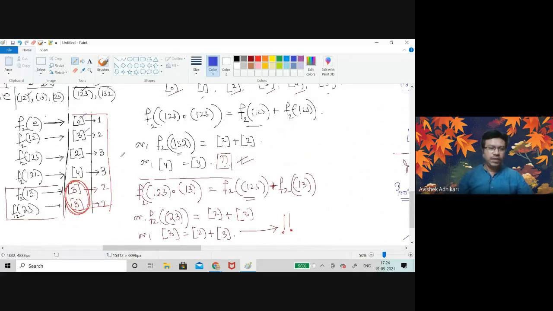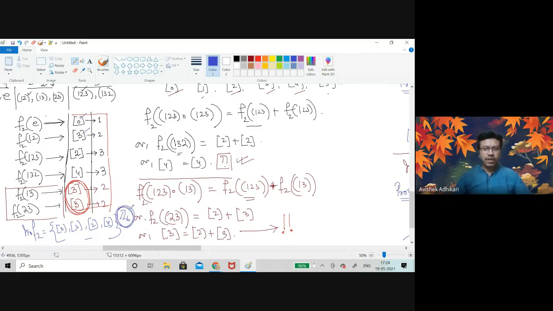So if this could be a homomorphism, then what would be the image of f2? The image of f2 will consist of 0, 3, 2, and 4. Will that be a subgroup of Z6? Can it be a subgroup of Z6? No, sir.